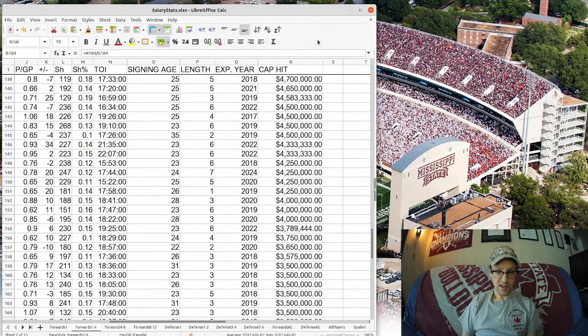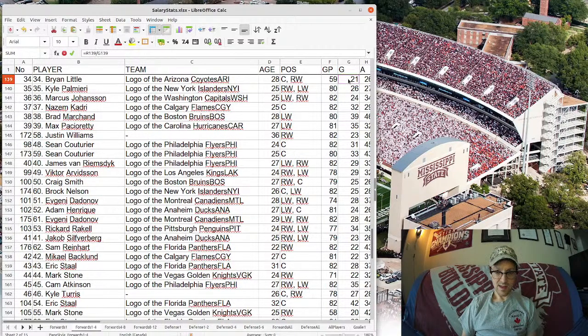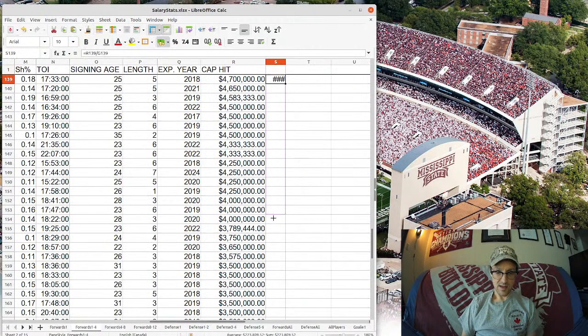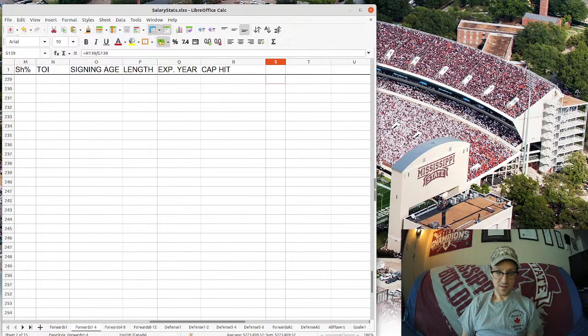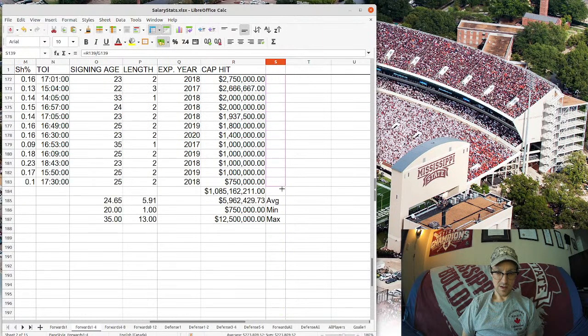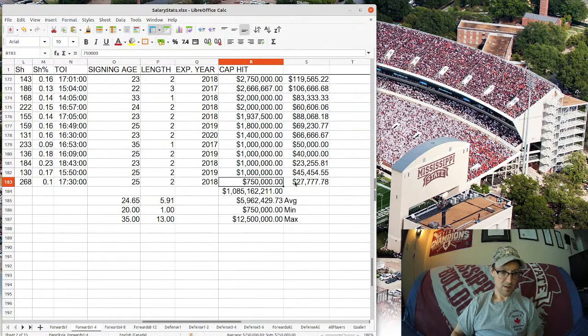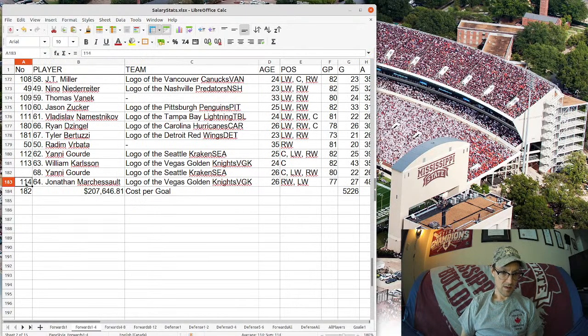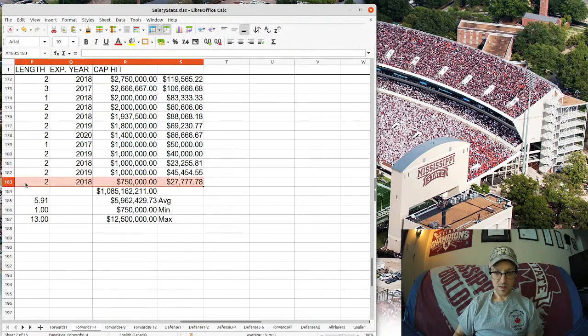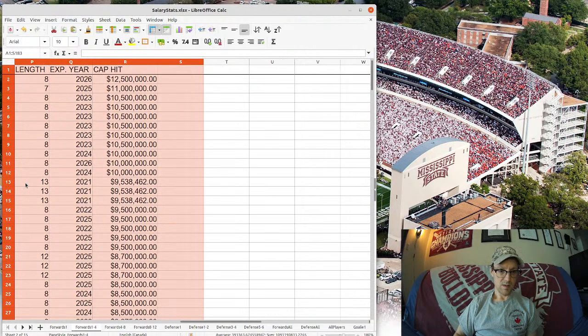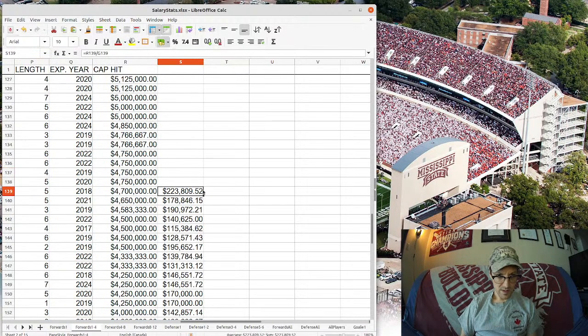Well, let's have a look anyways. Equals that divided by that. Wait, what happened here?